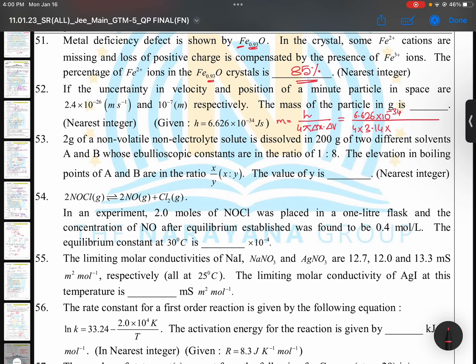Both of these are given, 2.4 into 10 to the power of minus 26 and 10 to the power of minus 7. Go for simplification, and you will get your answer 22.